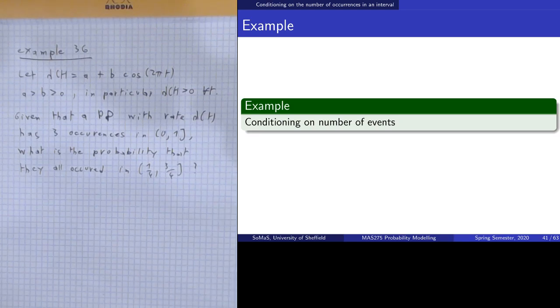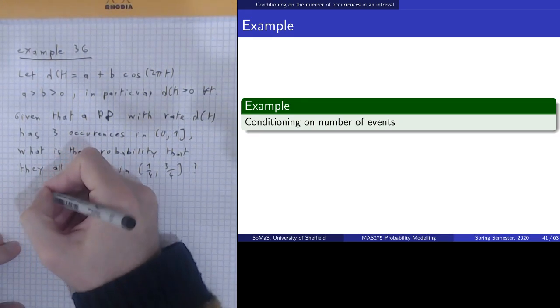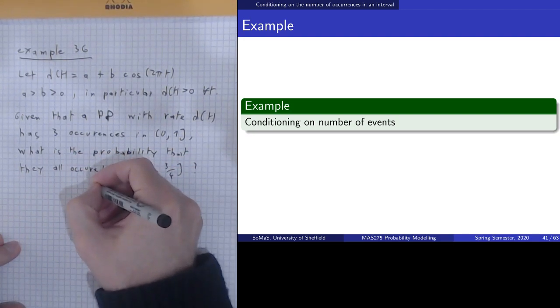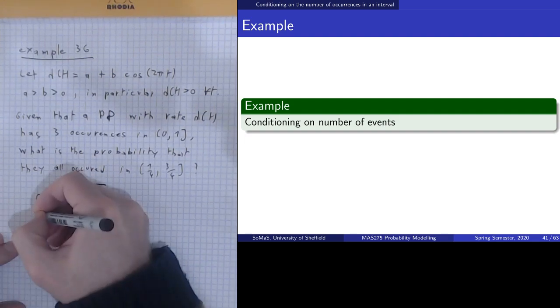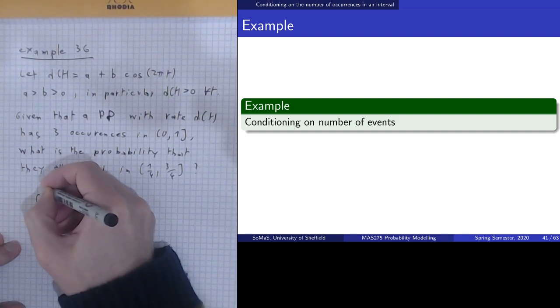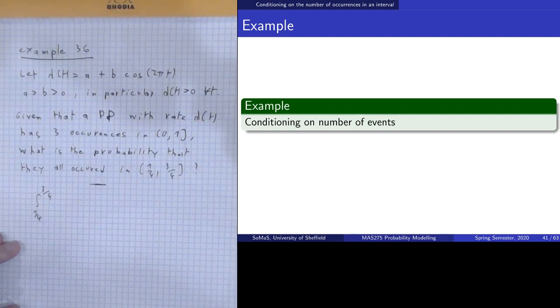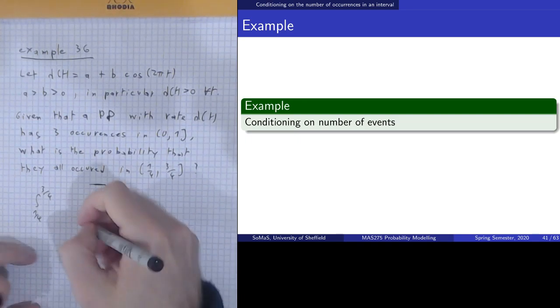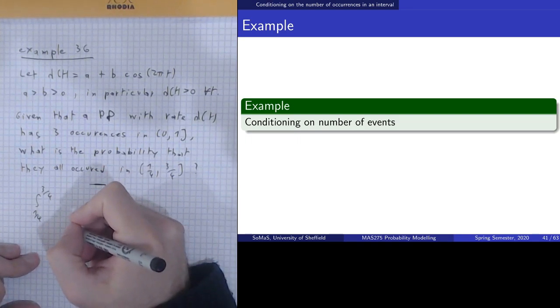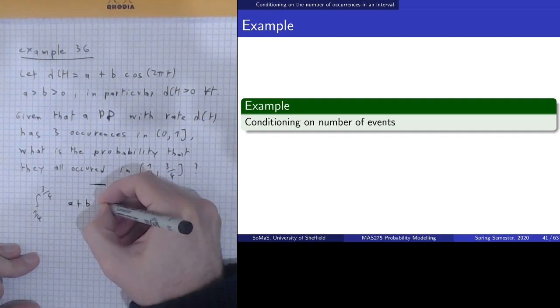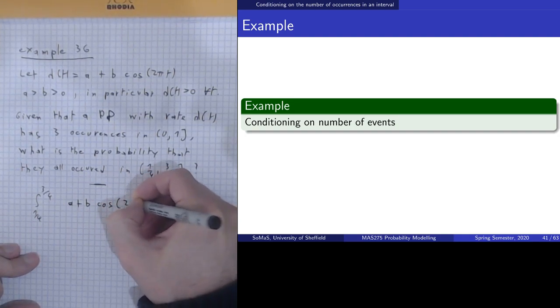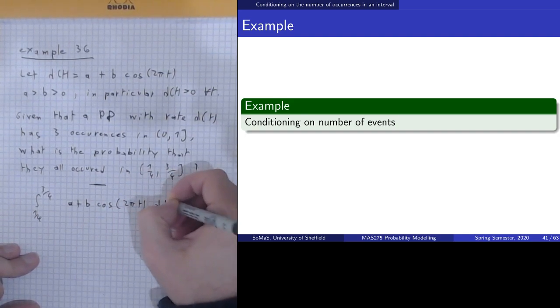So, two integrals to think of. What's the integral from 1/4 to 3/4 of a plus b cosine of 2 pi t dt?